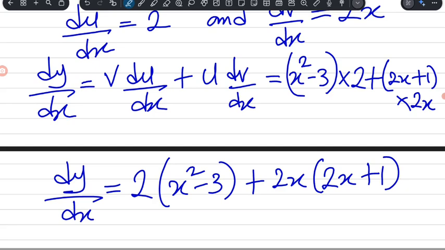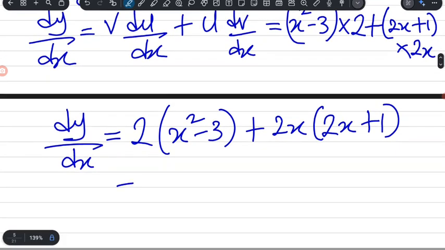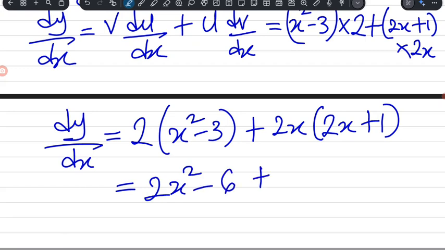Now let's expand to have 2x squared minus 6 plus 4x squared plus 2x.